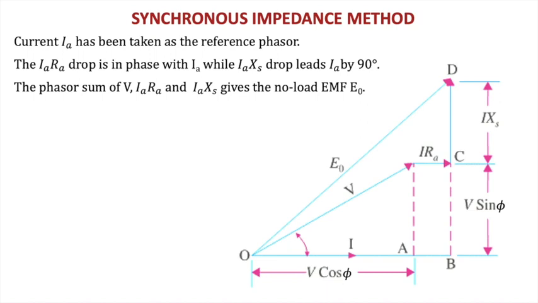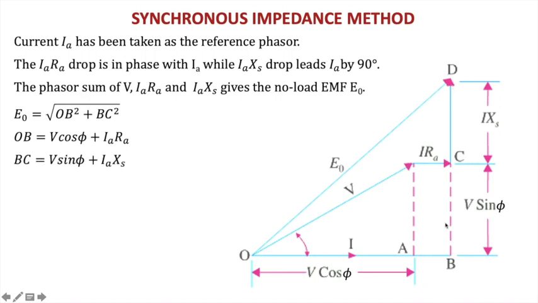You can calculate E0 as the square root of OB square plus CD square, where OB is V cos phi plus AB, that is IRA, and the y axis component CD is V sin phi plus IXS.